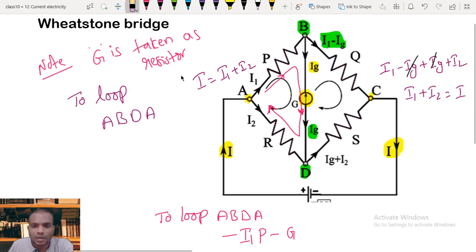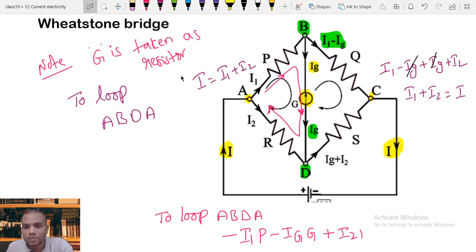First, Ig is the galvanometer current, Ig times G, here G is the galvanometer resistance, and plus I2 times R, where I2 is the current in the arm AD and R is the resistance, which is equal to 0.